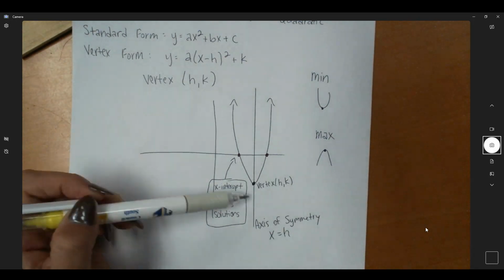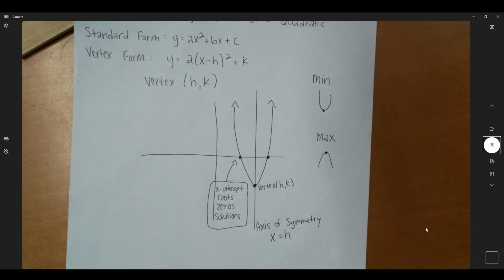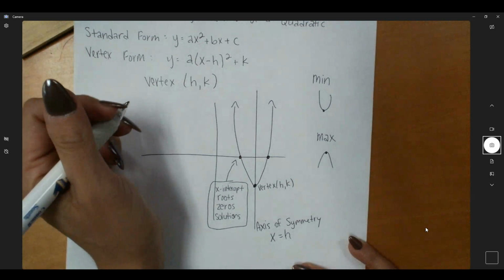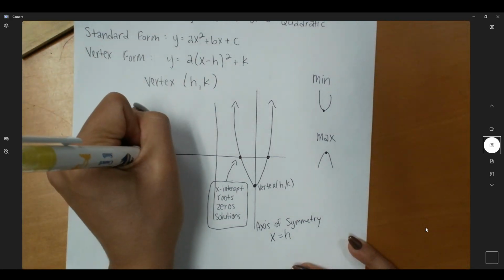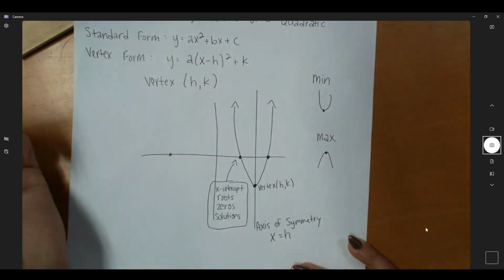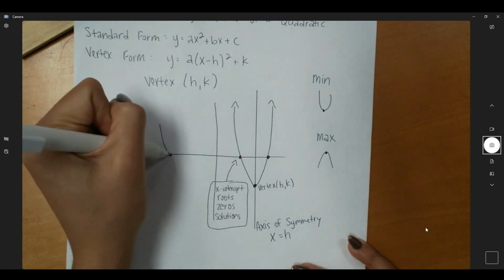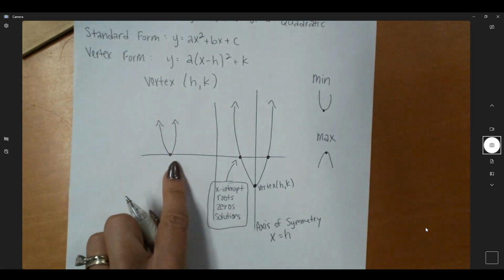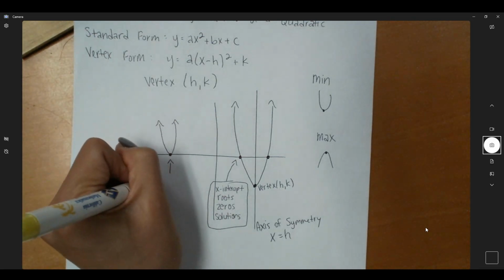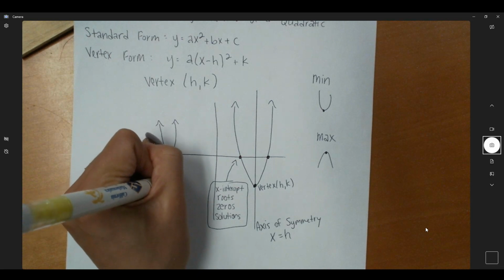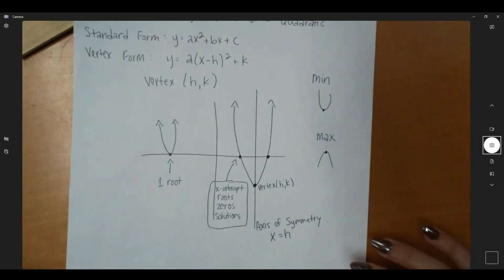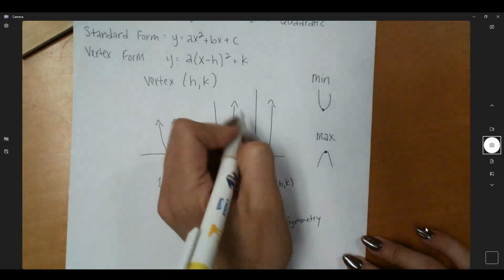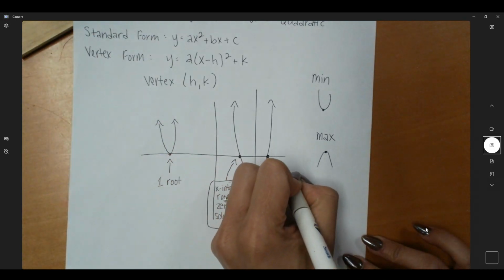And so this parabola has 2 x-intercepts, whereas some other parabolas might not. So here, if you have the vertex exactly on the x-axis and you only have 1, we'll change our words up. So 1 root here. This one has 2 roots.